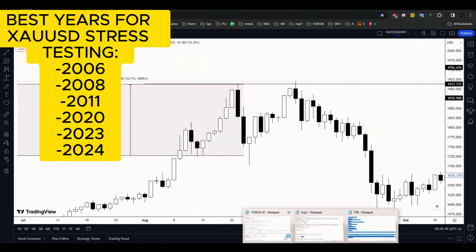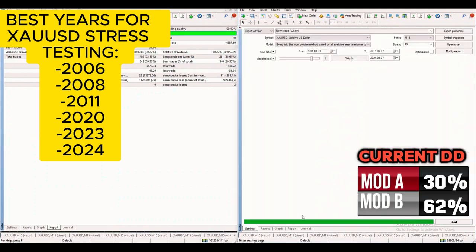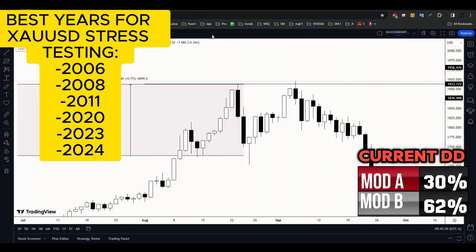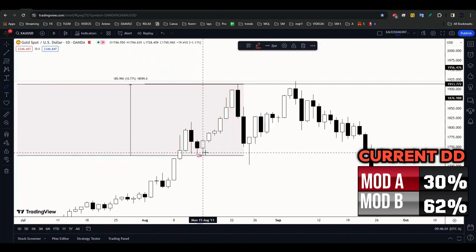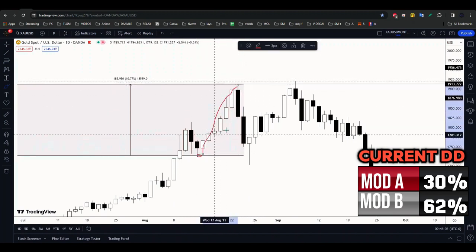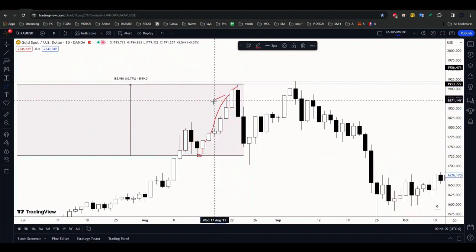The difference between A, that will be 30%, and B, that will be 62%, is that the 62% account is taking the trade, for example, here, and is holding and positioning itself the whole trend, while the other, we cannot see here, this area.